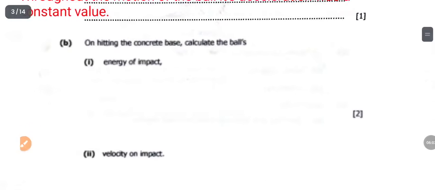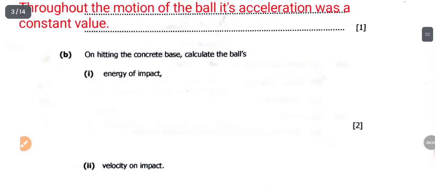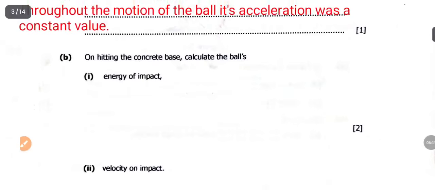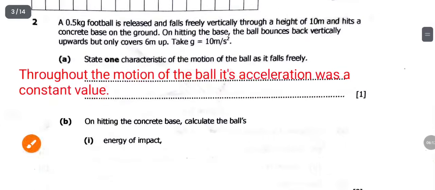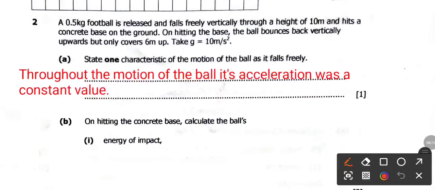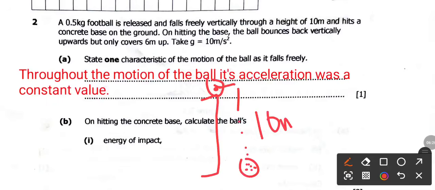Question B. On hitting the concrete base, calculate the ball's number 1 energy of impact. Let's have a simple diagrammatic representation. So we have a ball there. It falls through a distance of 10 meters.